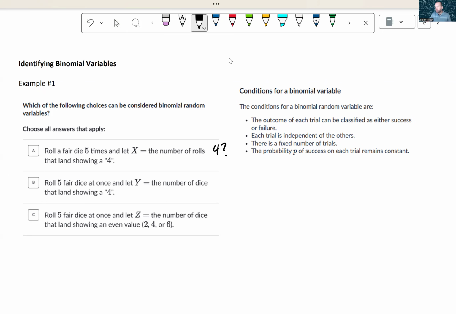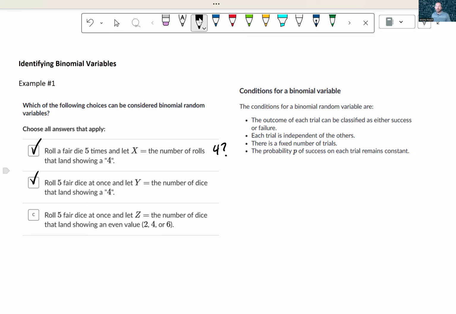Yes or no? So A is a binomial random variable. For B, it's saying, is it a 4 again, except it's just using Y instead of X. So B would be true as well.